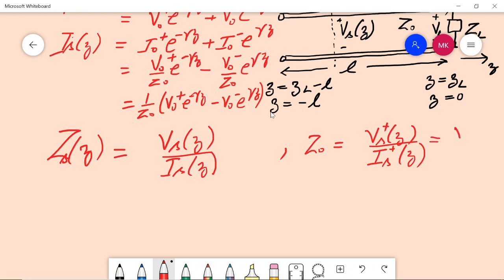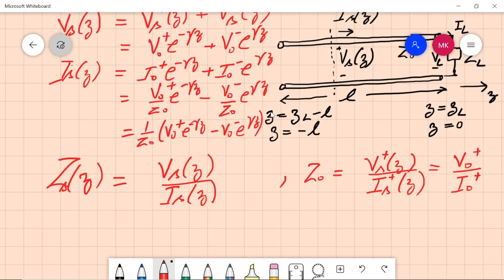It is just equal to V0 plus over I0 plus. So Z0 will be independent of z, whereas Z(z), the line impedance, will depend upon the location of z, because these two have different expressions.